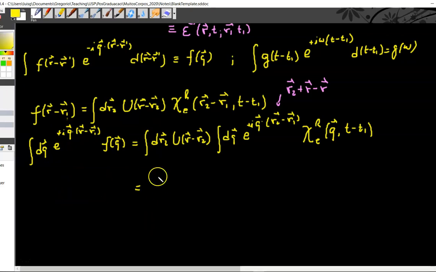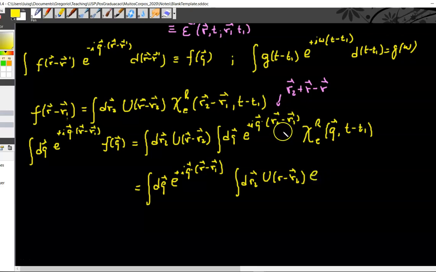So this would be dq e to the plus iq(r minus r1), and now I'm left with an integral in r2 of u(r minus r2) with e to the plus iq(r minus r2), right?